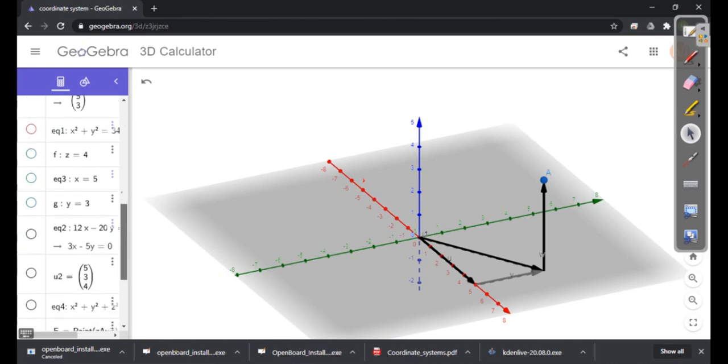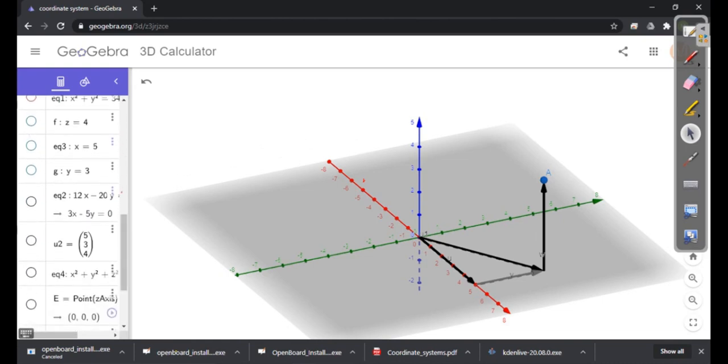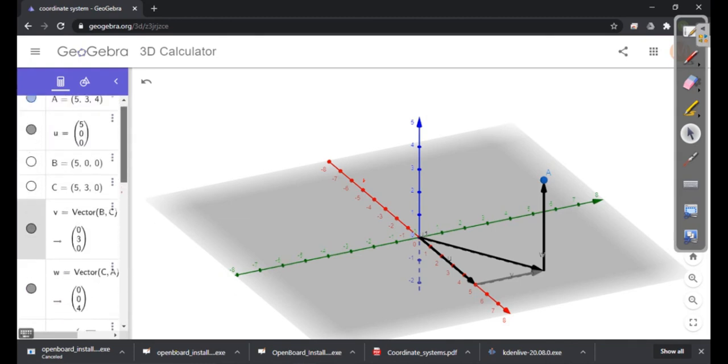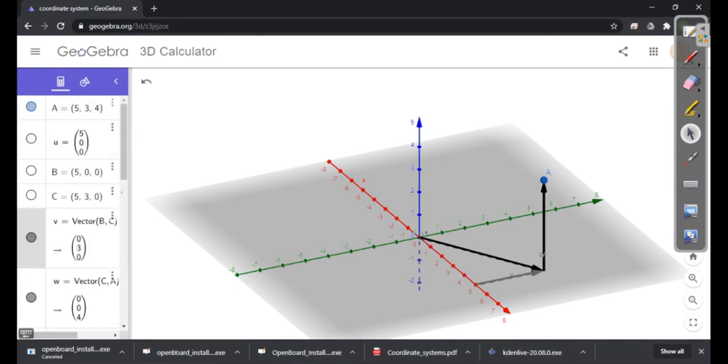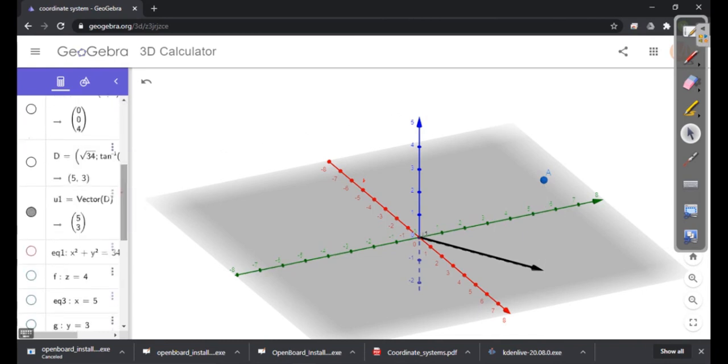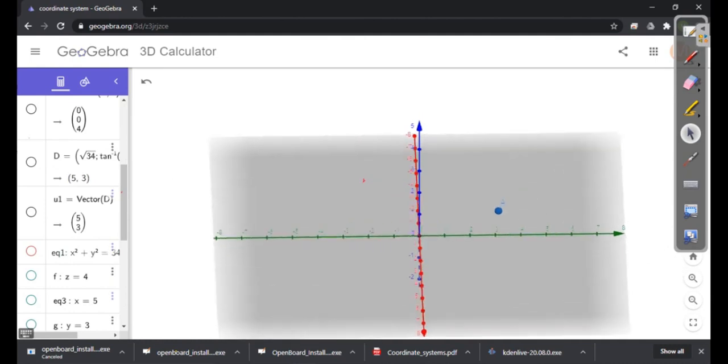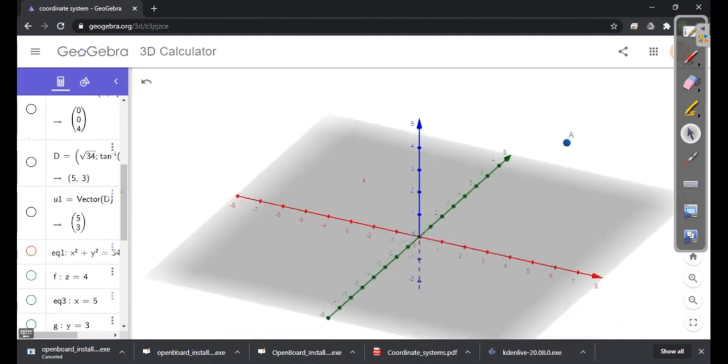If I have to directly move to the point A, what is the method I have to approach? I have to directly move, so I need to know one thing. What is that one thing? I need to know the length of this one, the first one.